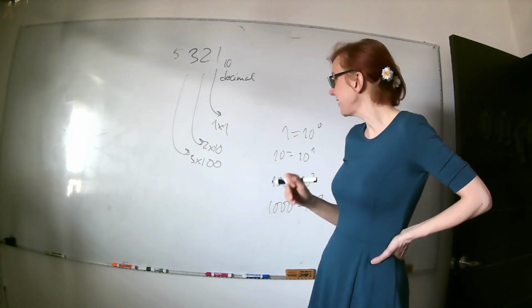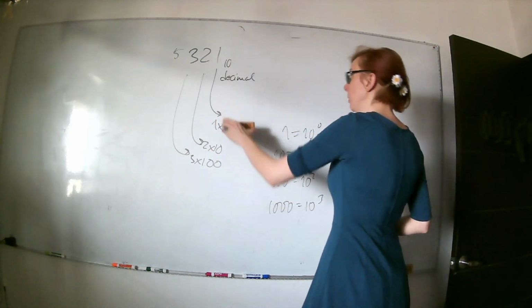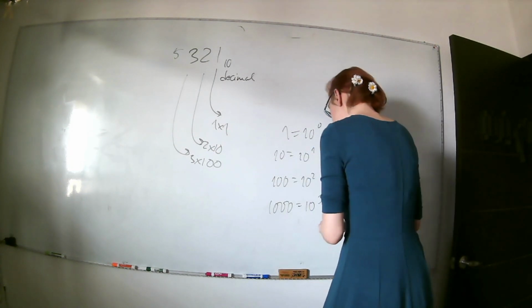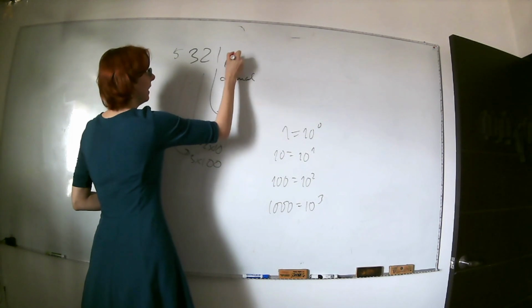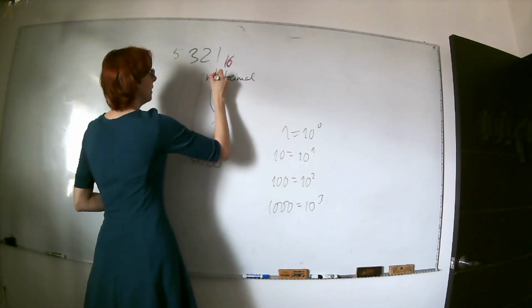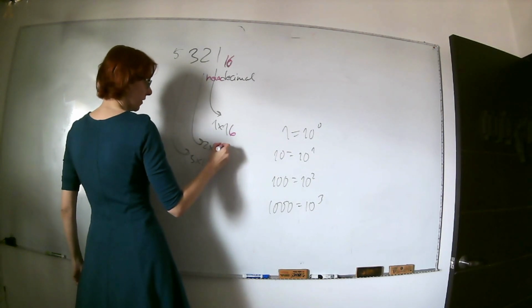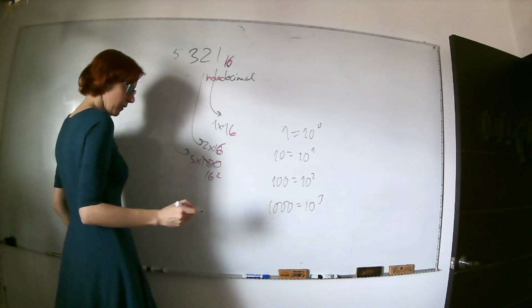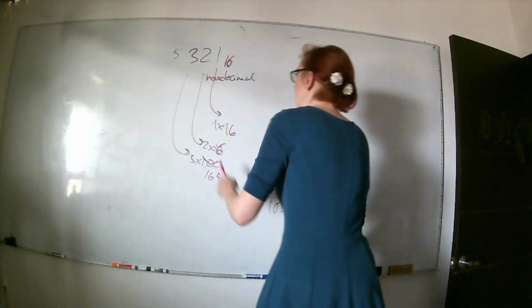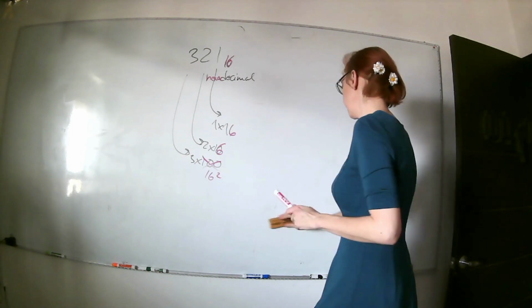If I have the same number but in hexadecimal, it's going to mean a different thing. Instead of the 10 I have a 16, meaning this is hexadecimal, so this is going to be a 16 to the 0, this is going to be a 16, and this is going to be a 16 squared. Let's pretend the 5,000 isn't here so we don't have to do a lot of calculation by hand.